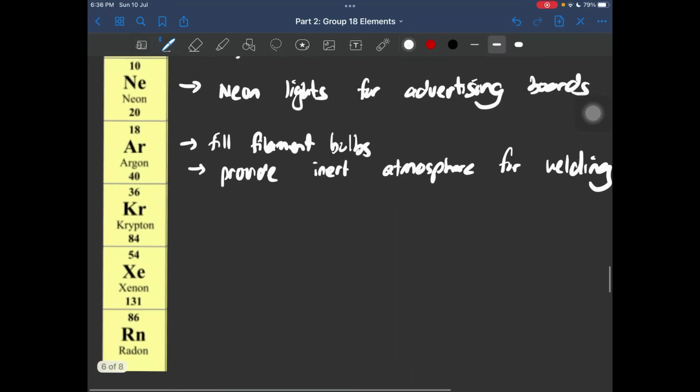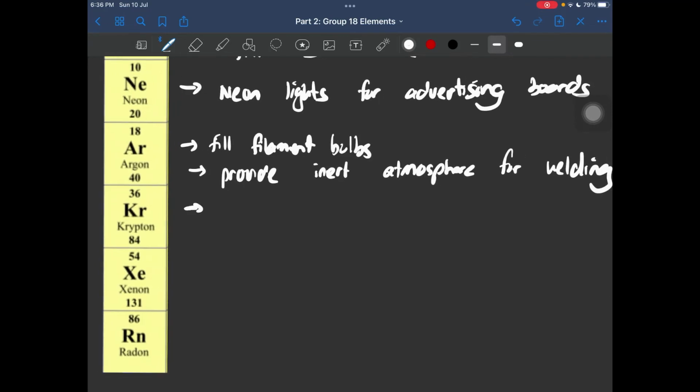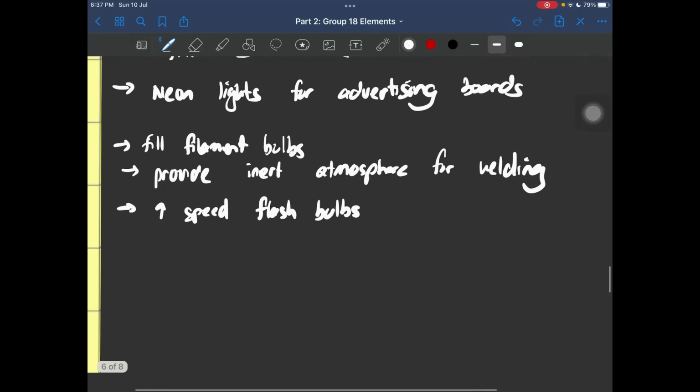Okay, and then after argon, let's look at krypton. Krypton has two main uses that are highlighted in your syllabus. Number one, it is used for high-speed flash bulbs. So this is used in cameras.